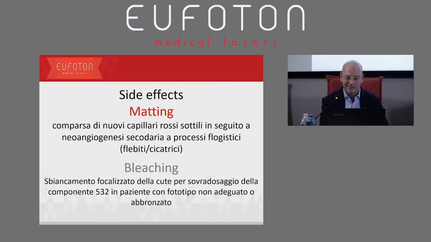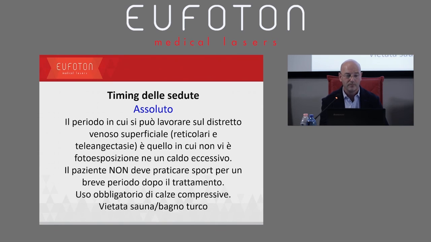Bleaching is not exactly the right term here. Whitening, we generally use it in the dental field, but in this case it happens because we use the component of 532 in an excessive way.